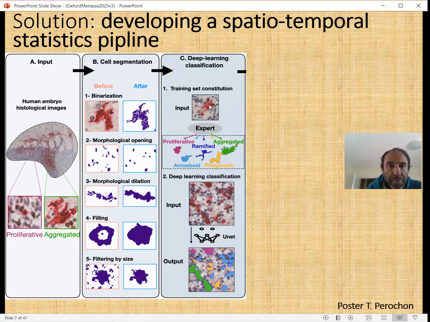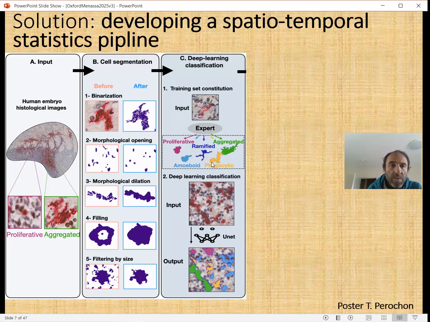In the next step, you are asking an expert, and that's very relevant in the context of clinical computational biology. The expert will guarantee that he puts his knowledge in the definition of what is proliferative, amoeboid, ramified, aggregate, phagocytic. So this is an example of 5 different types of cells that you would like to recognize, that is to go from few to thousands, millions or whatever.